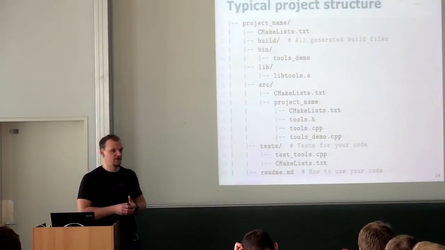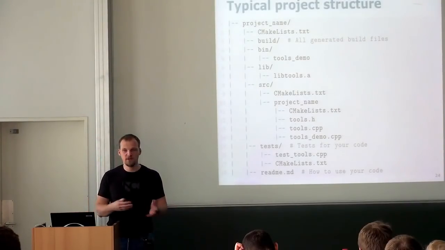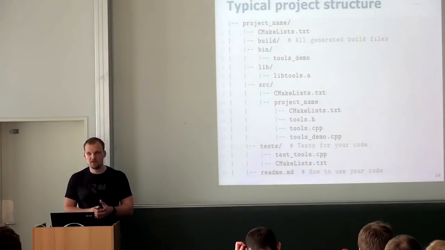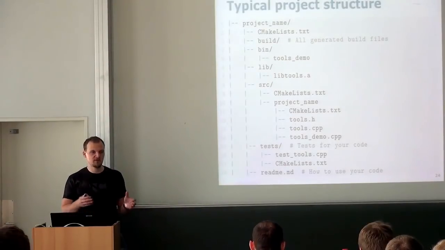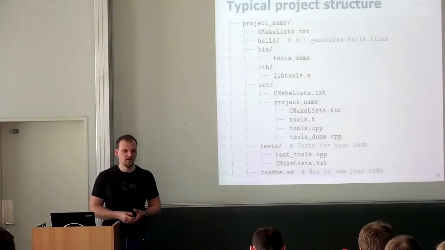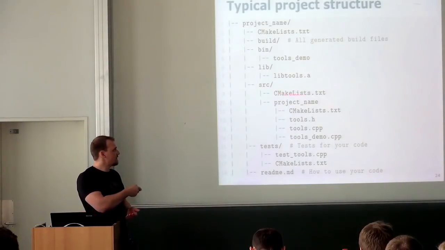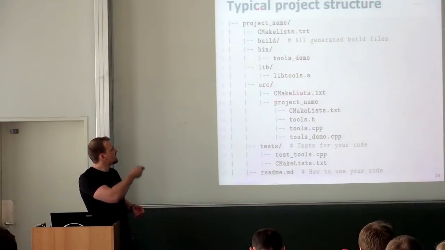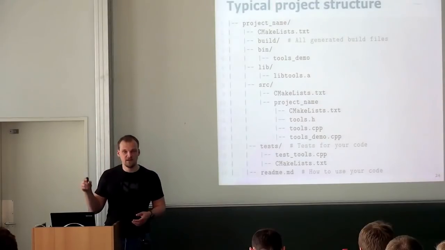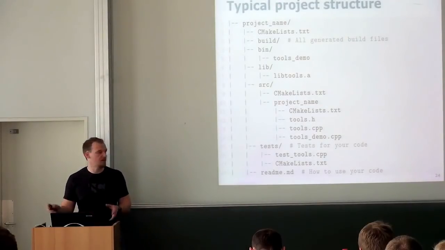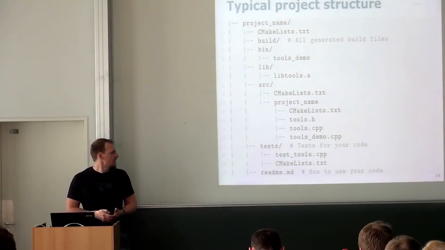I don't think there is any benefit in any of the ways. It's just a preference. But to form a preference, you need to try to use something and then find out if it works for you. Then in the source folder, you usually have the same name as here because it makes the include path better. We will come to that at some point.